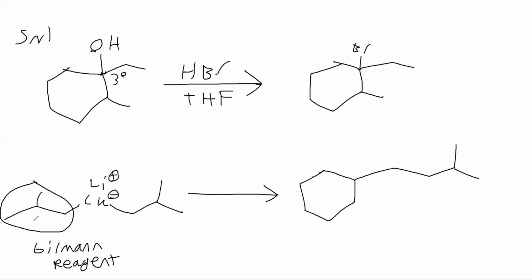So we know that we're adding this and it's going to react with an alkyl halide to form a new carbon-carbon bond. So if we figure out where this is in the product, which is just right here, then the alkyl halide is just going to be the rest of the molecule, and then the halogen is wherever this linkage with the thing that came from the Gilman reagent attached.